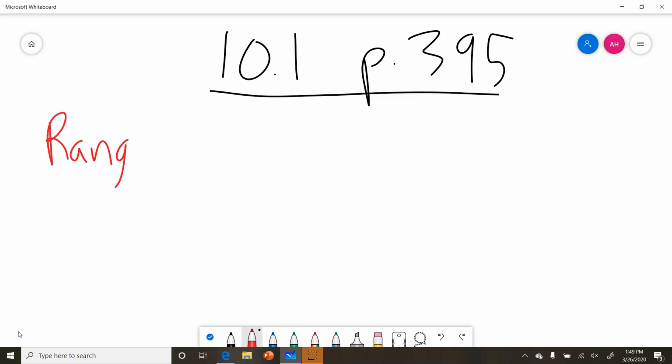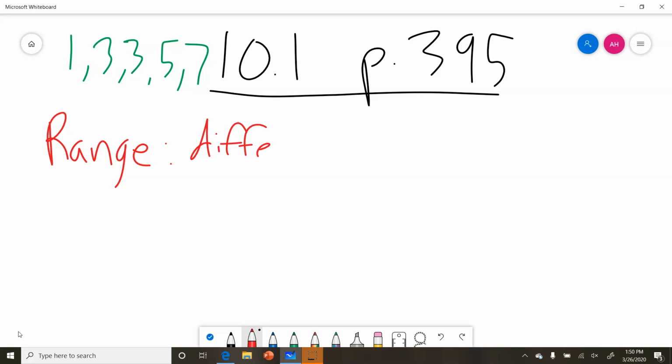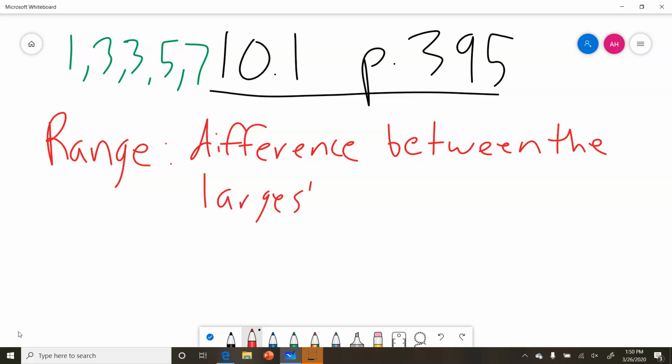One of our definitions was the range of a data set. So if they gave us numbers like 1, 3, 3, 5, and 7, the way we would find the range is the difference between the largest and the smallest.